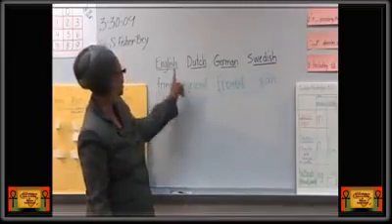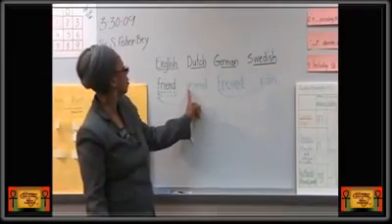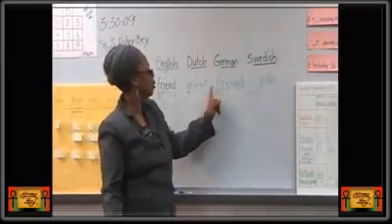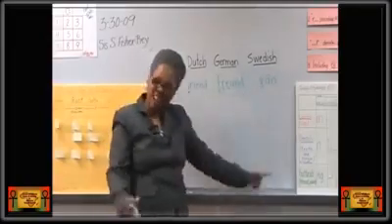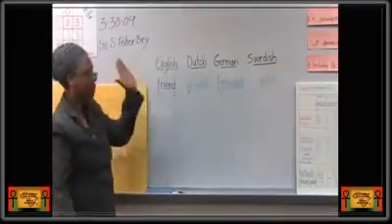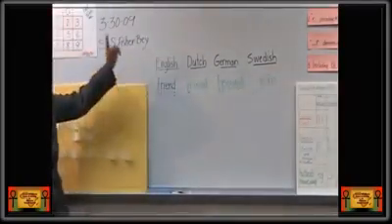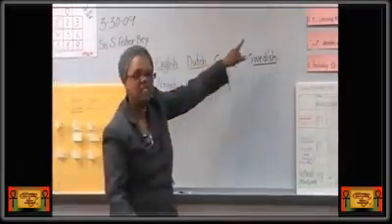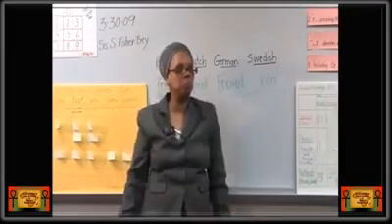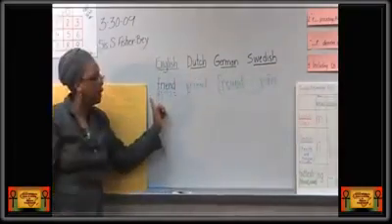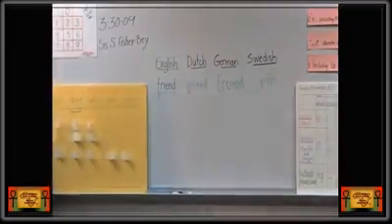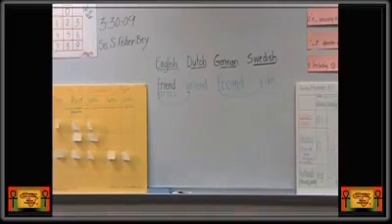You're a friend. Vän. So you've just spoken English, Dutch, German, and Swedish. And you can see how closely they are related. I have a couple more words I would like to show you.